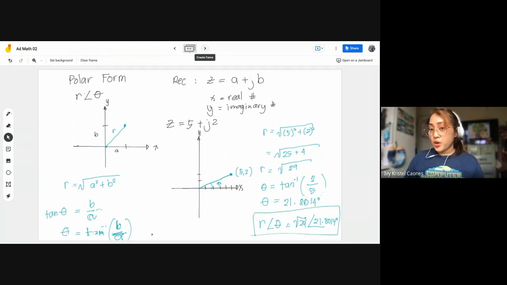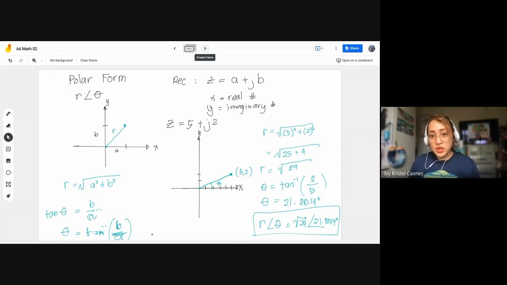So remember, we have rectangular form, we have polar form. Let's say you have polar form, then you want to perform addition. It's easier if you convert it into a rectangular form, then perform the addition, then convert it back to polar form.